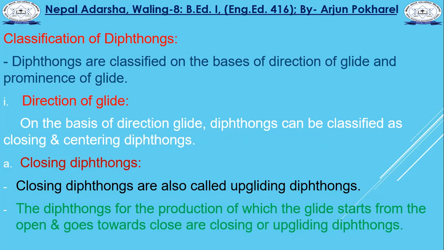That's why they are closing diphthongs. The diphthongs which end in e and u are closing diphthongs.